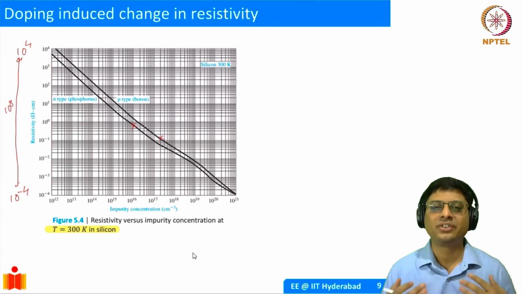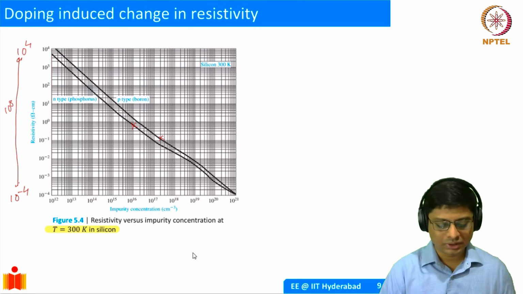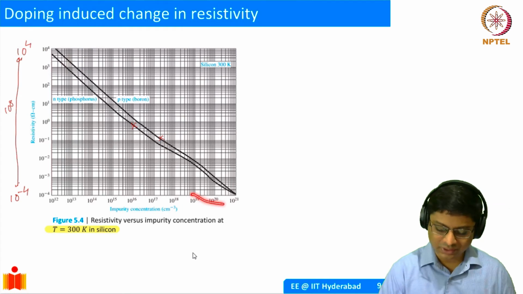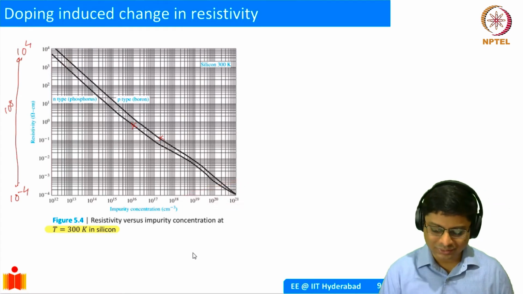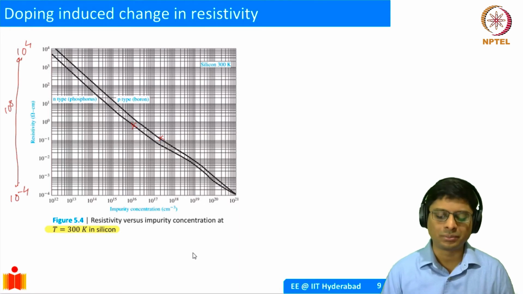And that is why they are very, very interesting to us. So you see that as the doping concentration is low, you have large resistivity, and as it increases, the resistivity drops. Of course, we are showing up to 10 power 21. That is a very, very high amount of doping. When you go into that regime, it becomes more tricky.